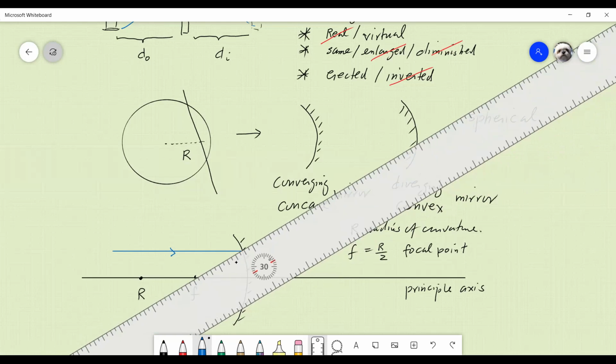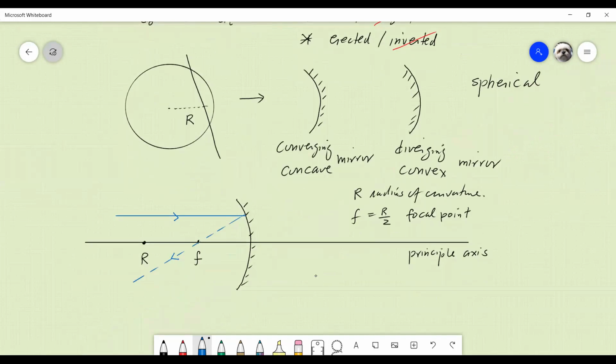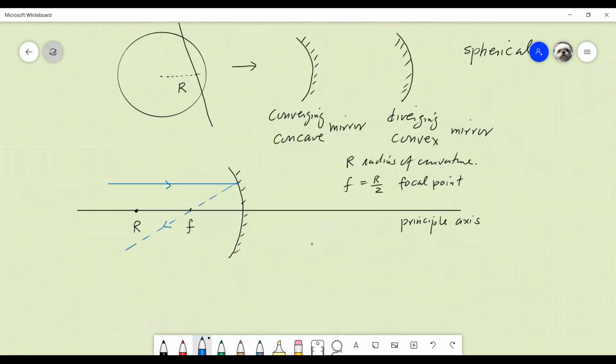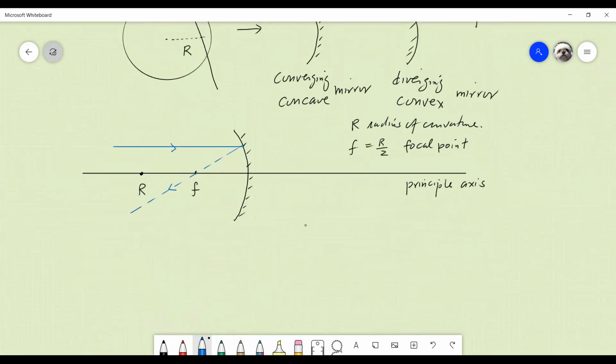I'm going to use the dashed line to represent the reflected light. Good. Now, another way, for the divergent mirror, right? Divergent mirror, same thing, right? So I'm going to draw this.